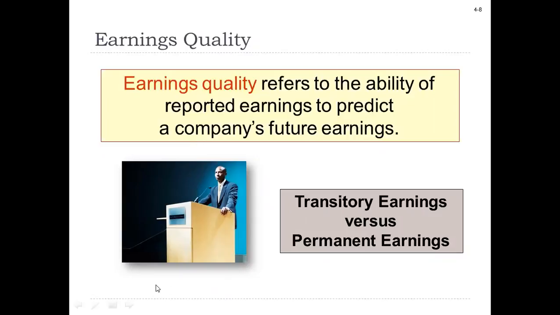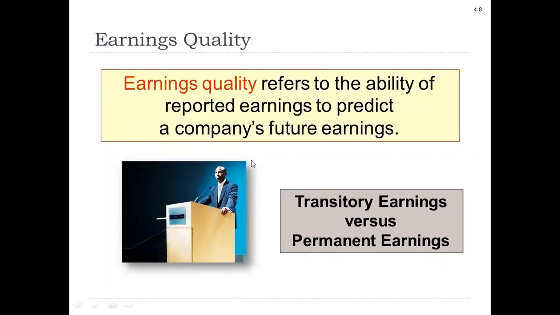Whereas things like making a profit from selling off equipment, for example, that's not a recurring thing. That's just a one-time thing. So it's difficult to predict future earnings based on that item because it may or may not occur again in the future. Whereas earnings from day-to-day operations can be projected to the future.